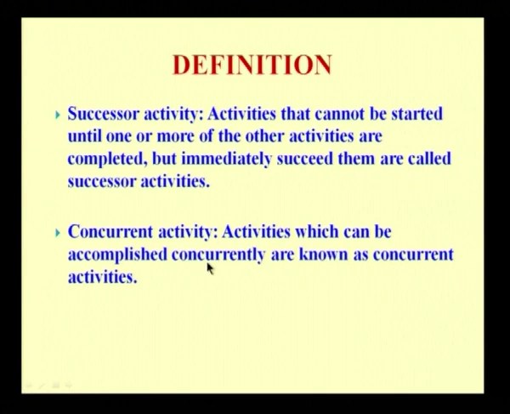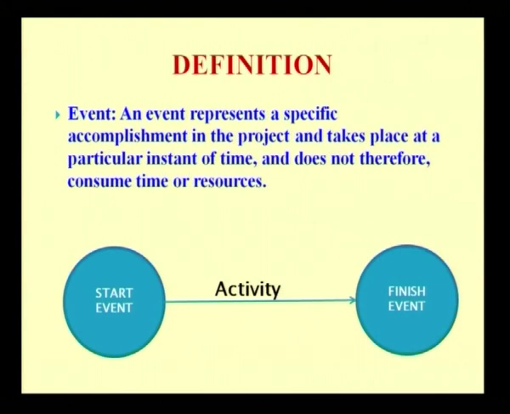So, activities which can be accomplished concurrently or in parallel are your concurrent activities. This is how we will represent and notate the different activities that we are mentioning as part of the network analysis diagram.